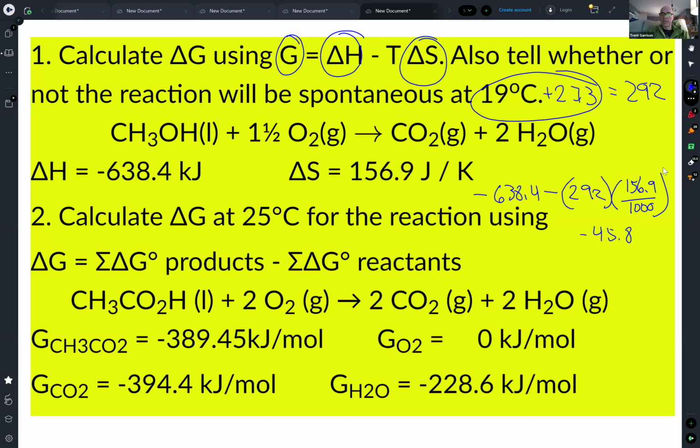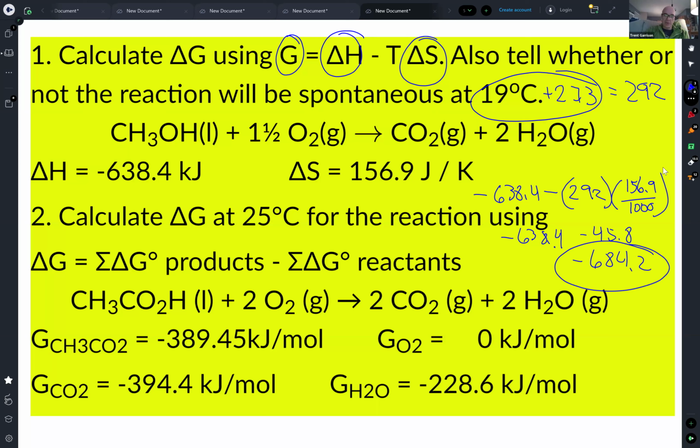And then we're going to add to that a negative 638.4. So those are summative whenever they're both negative. You get 45.8, and you get negative 684.2.